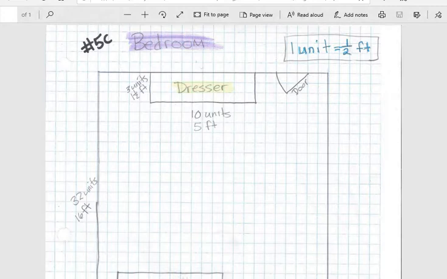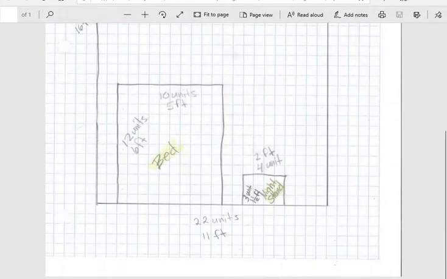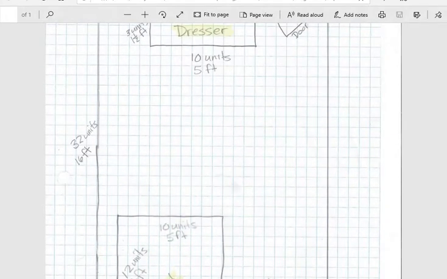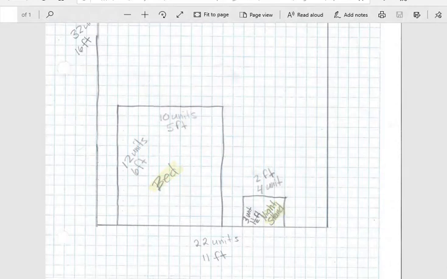Because that's what my scale factor is. My scale factor is multiplying by 1/2. One of these squares represents 1/2 of a foot. So I counted 32. So I multiplied 32 times 1/2 and got that it was 16 feet. Then I did my bed. It was 12 units. That was 6 feet.